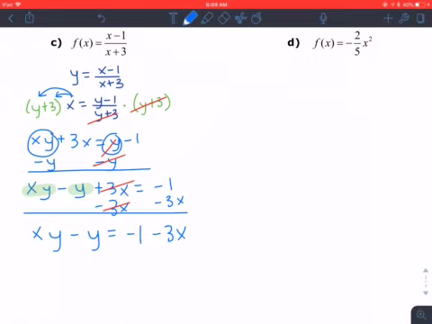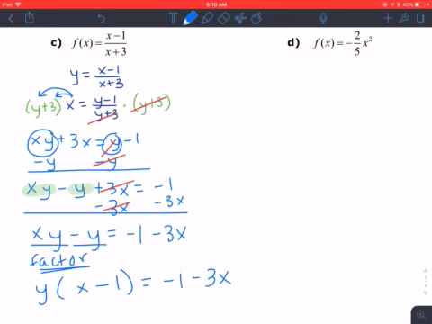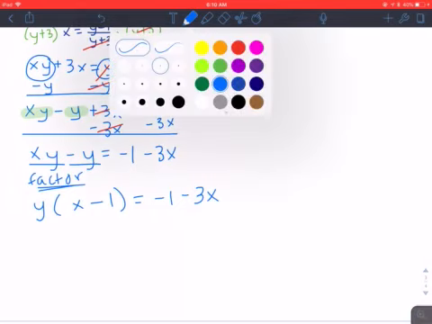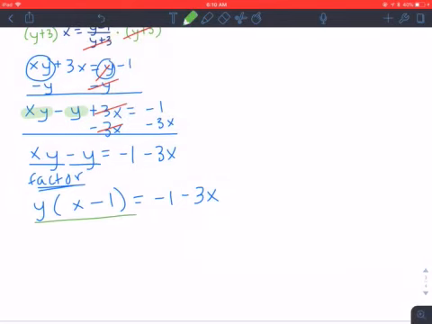And then once I have my two y terms by themselves, I need to make it a single y term. So this is where we're going to factor. So I factor out a y. In the first term, I'm left with x. Second term, I'm left with a negative 1. Okay, and then finally, to get this y by itself, I need to divide by the x minus 1.